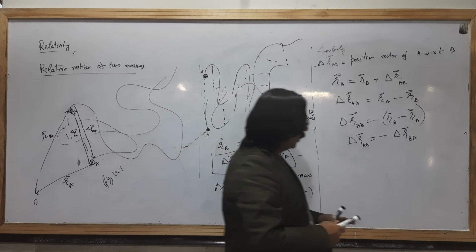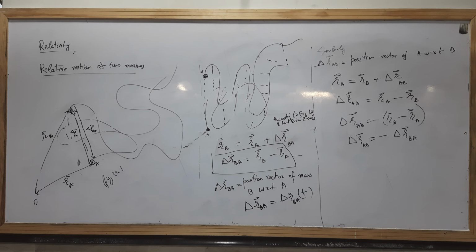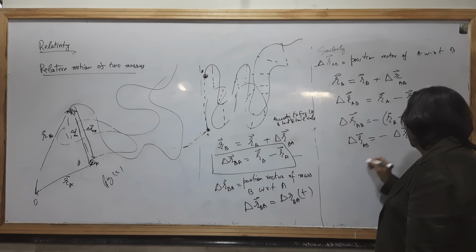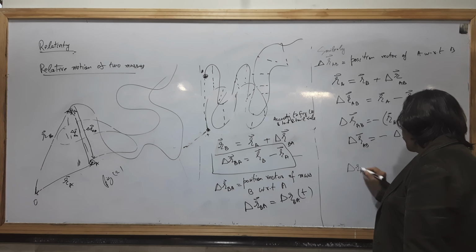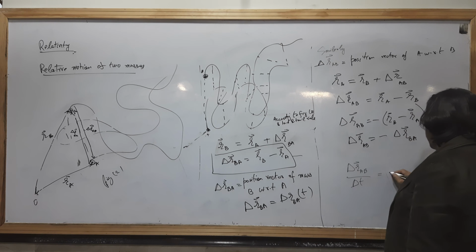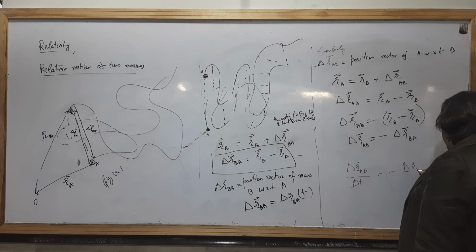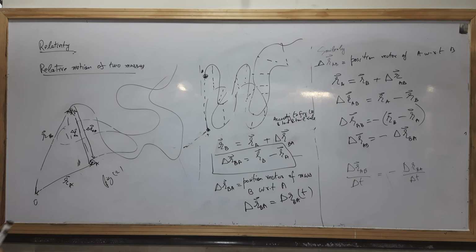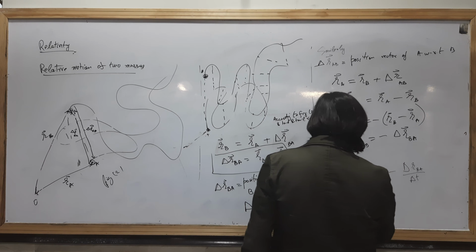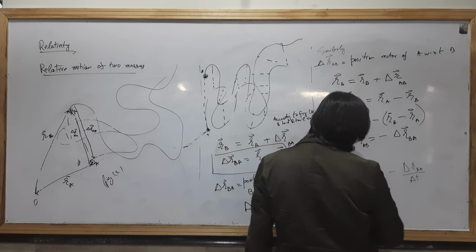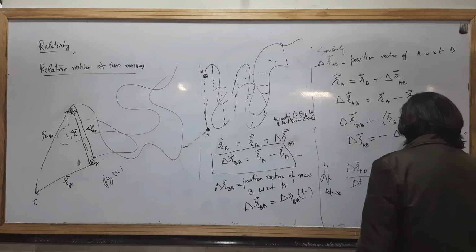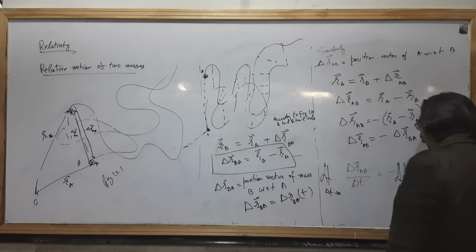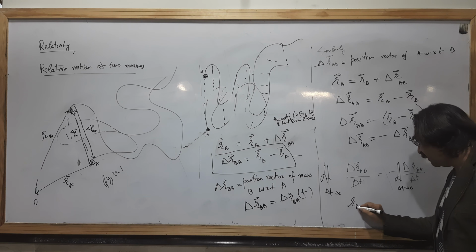So how may we find the velocity of A with respect to B and B with respect to A? We know that when we take a derivative, delta RAB over delta T minus delta RBA over delta T. When we apply the limit, delta t equals 0, which I have already explained, this will be RAB dot.